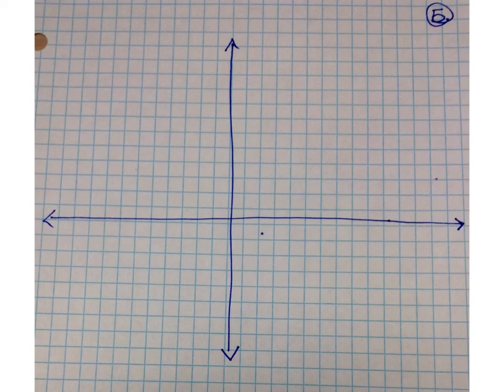So it's going to be like the one we did before. So we're going to label it just like we did before. So we'll do 5, 10, 15, 20, 25, 30. Sorry, my line's not straight. 35, 40, 45, 50. Okay, you get the idea. So we'll do 5, 10 to negative 10, 15, 20, 25, 30, and so on.